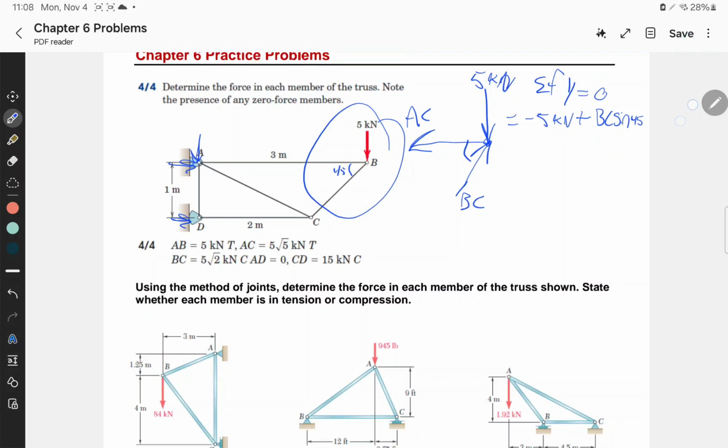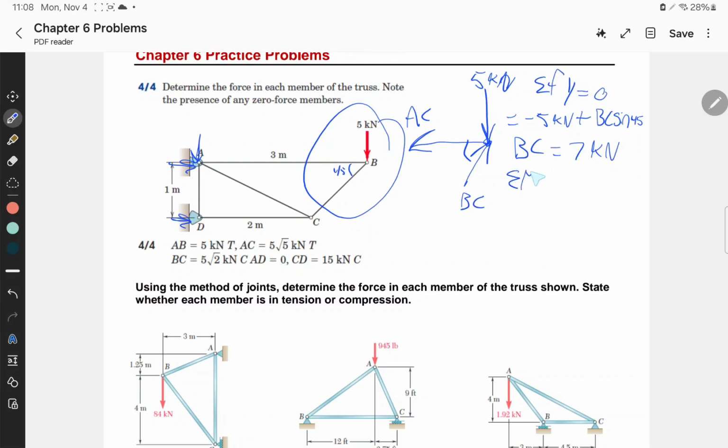And in this case, we got that BC is positive 7 kilonewtons approximately. And if it's positive, that means our assumption is true. And if it's negative, you just flip the arrow pretty much. But we got the correct assumption, so 7 kilonewtons.